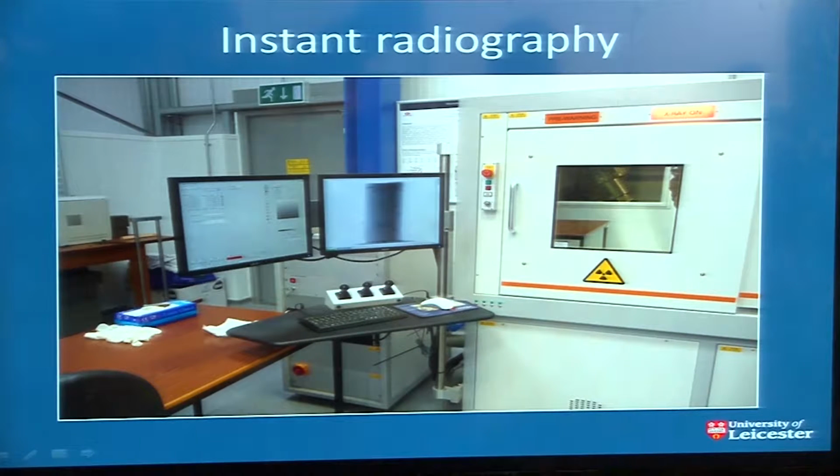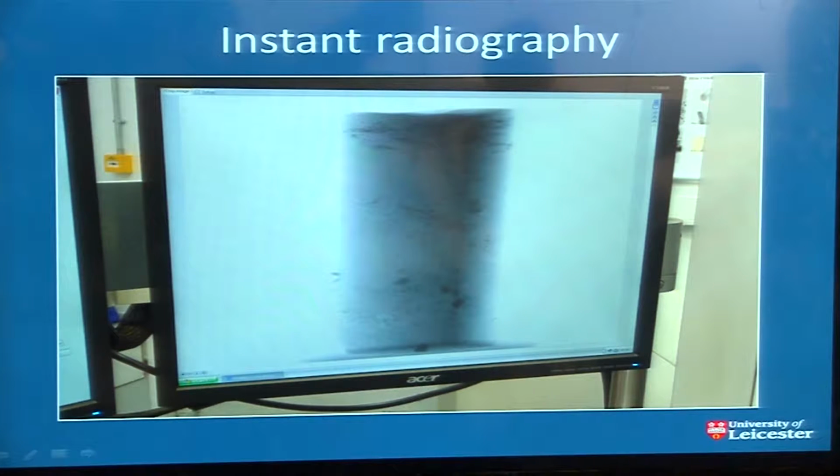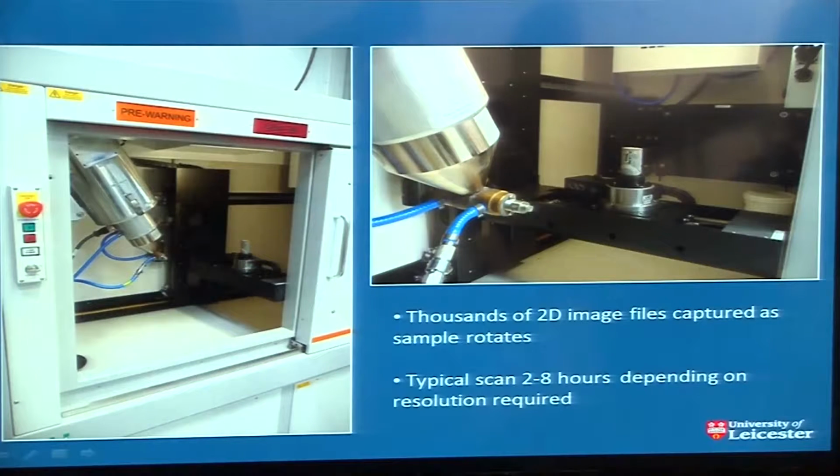You instantly get an X-ray image, radiography. So this is what you might be familiar with from if you've broken a bone and gone to hospital, where X-rays go through. You get a 2D image, and the X-rays are attenuated through denser material. So you can see in here that there are little blobs of darker areas, which are the denser material in there. We'll explore that a little bit more.